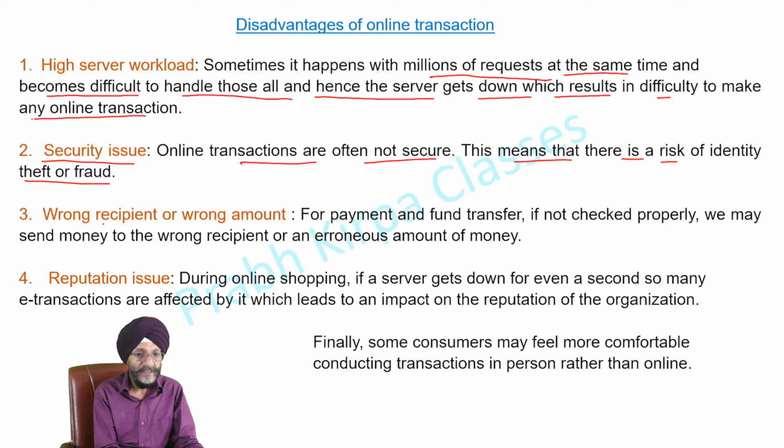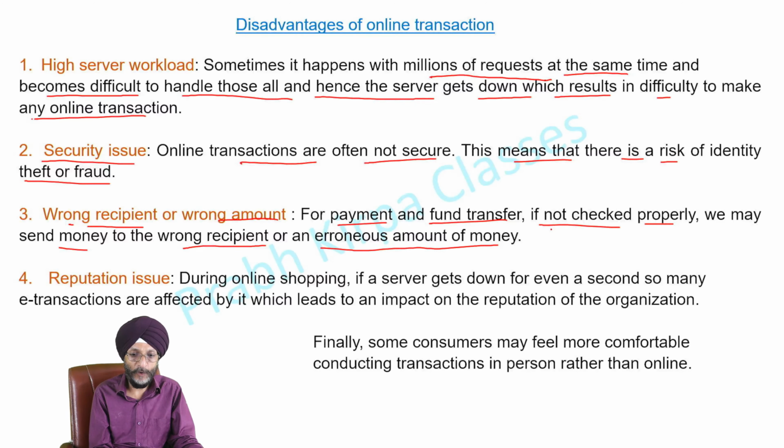Next drawback of online transaction is wrong recipient or wrong amount. For payment and fund transfer, if not checked properly, we may send money to the wrong recipient or an erroneous amount of money. For example, if we are to send $100 to a person online, and if we wrongly add zero after 100, it becomes $1,000.